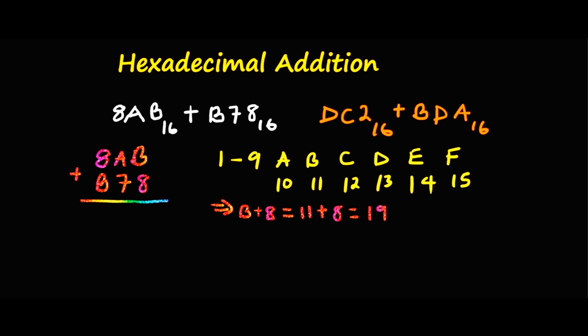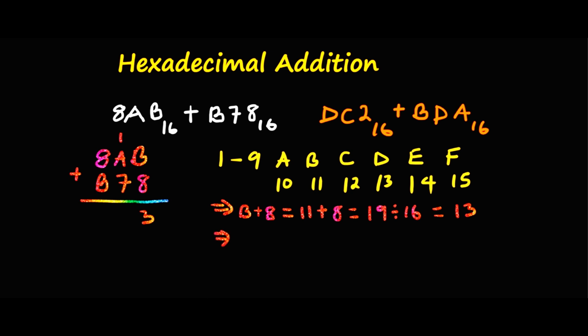So this 19, you change it to hexadecimal by dividing it by the base 16. So you'll find that 16 goes into 19 one time, and then there's a remainder of 3. So you write 3 there, and then you take 1 as a carry.